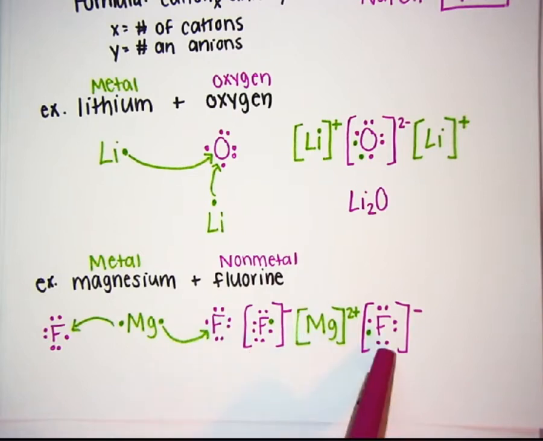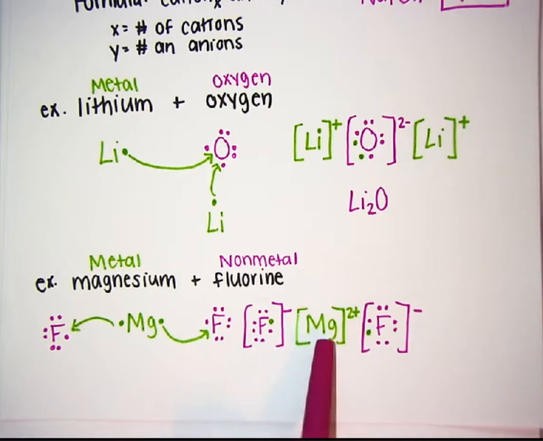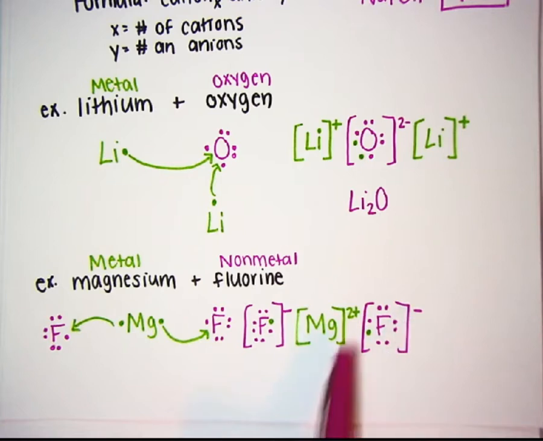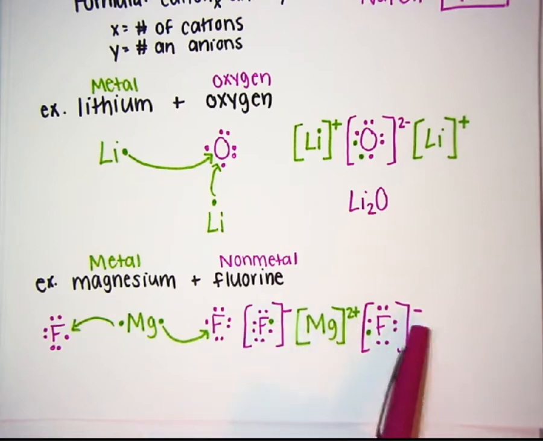Do all of the anions have 8 valence electrons? Yes. Does the cation have 0 valence electrons? Yes. Is my net charge 0? -1, -2 cancels out that positive 2. So if I add up all these charges, I will get 0.